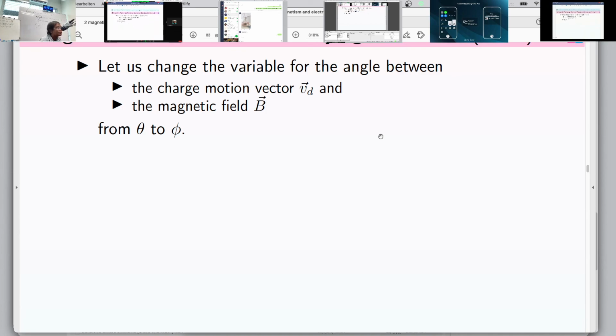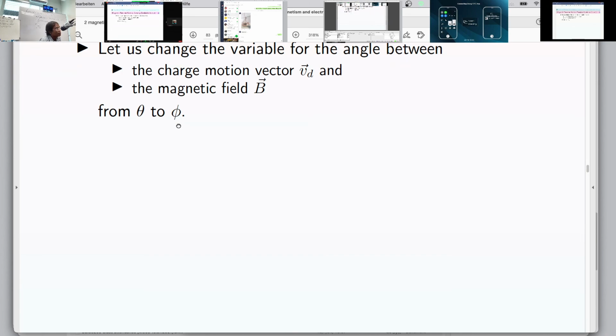We change the variable theta to phi. Do you know the reason why we don't use theta anymore? We use the angle phi because I take the content from a different book.